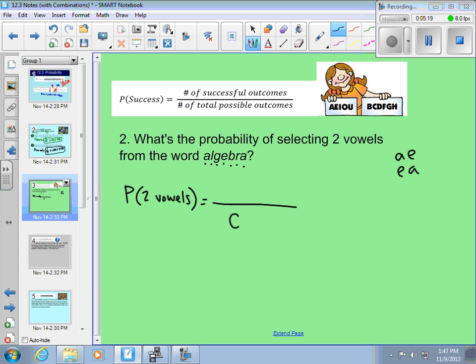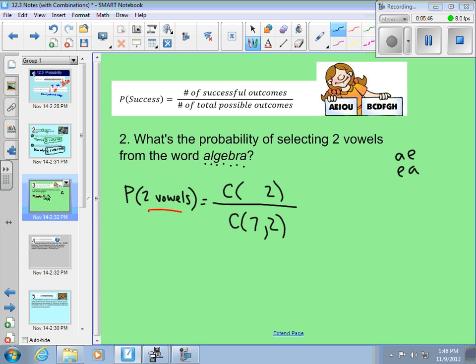So on the bottom, we want to find out how many ways there are of drawing 2 out of 7 possible letters. Now on top, we have to figure out what makes us successful. What makes us successful is drawing 2 vowels. So again, order doesn't matter. Drawing A and E is the same as drawing E and A. So we want to find the combination.